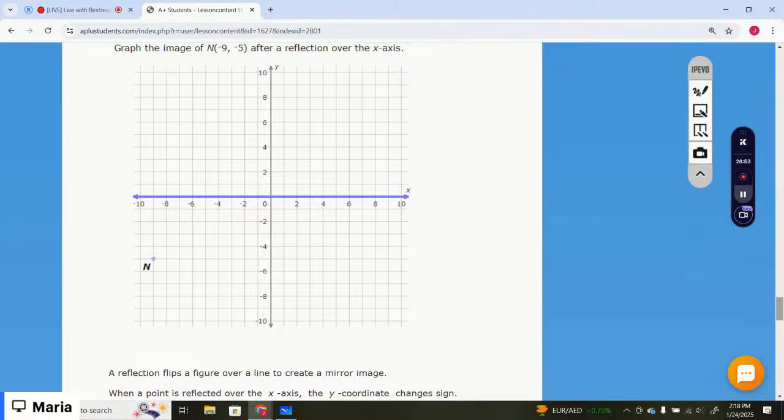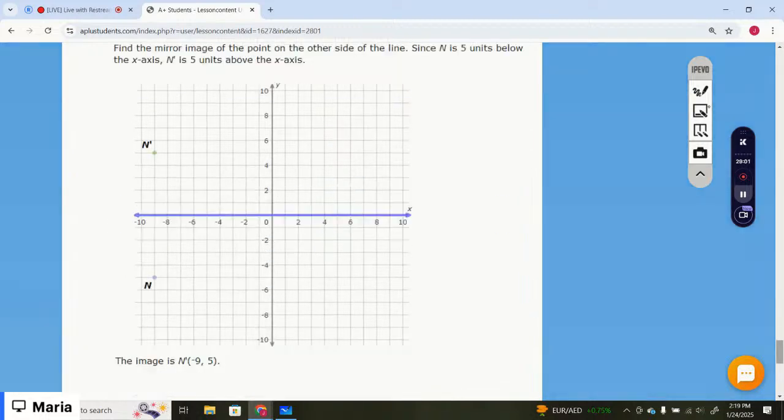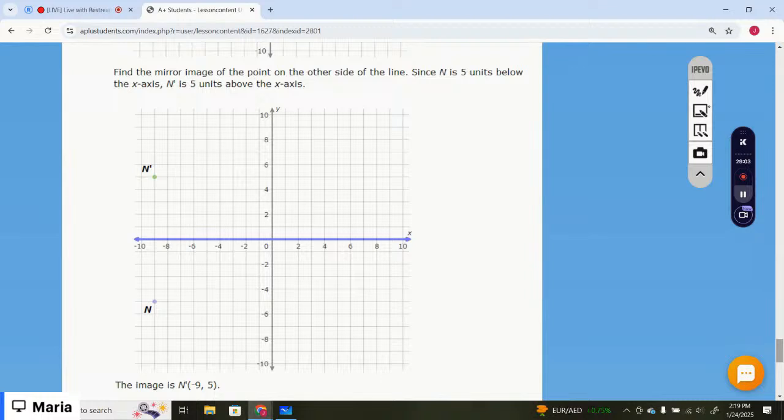The new coordinates are -9 and 5. That is -9 and 5, right?